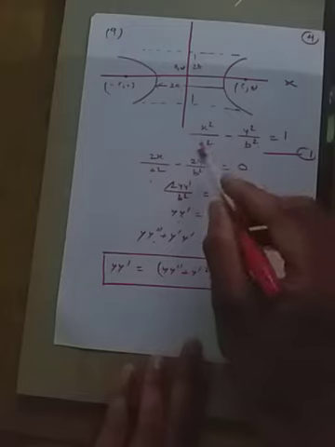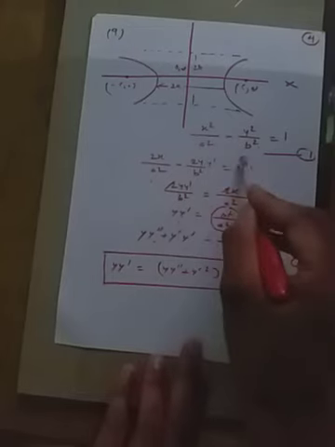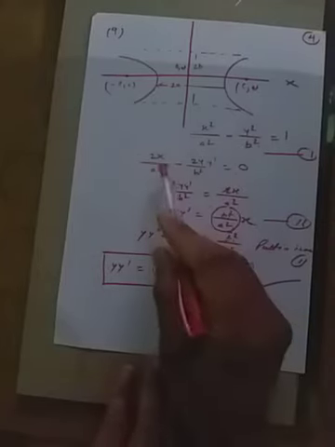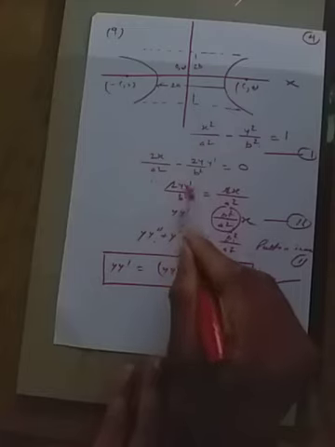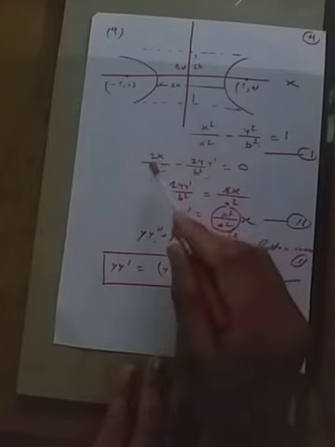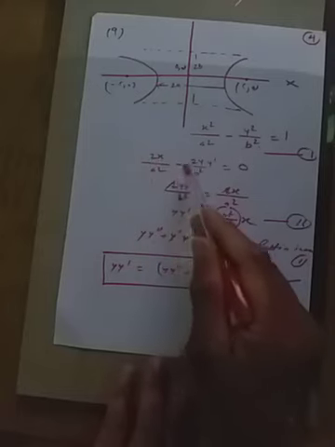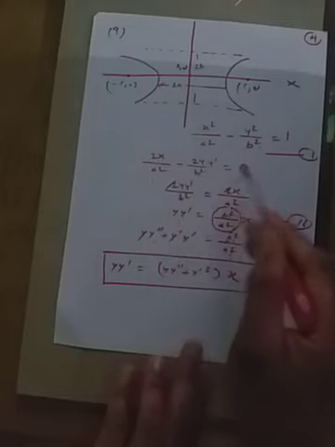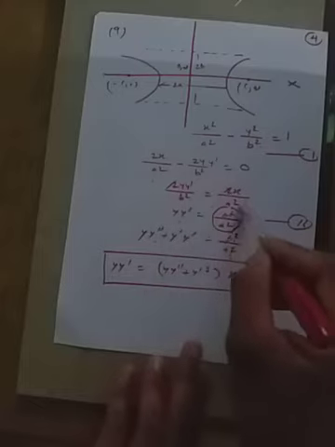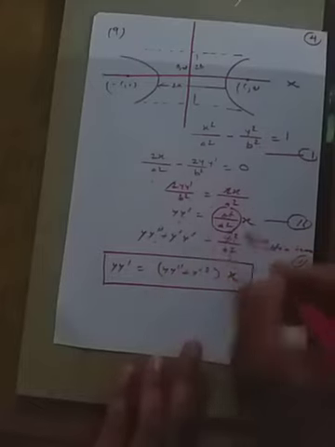Here there are two arbitrary constants, so you will differentiate it twice. After differentiating with respect to x, 2x upon a square minus twice y y dash upon b square equal to 0, so twice y y dash upon b square equal to 2x upon a square, y dash equal to b square upon a square into x.